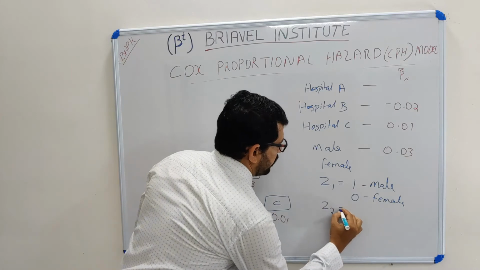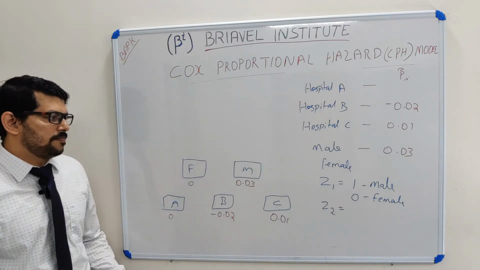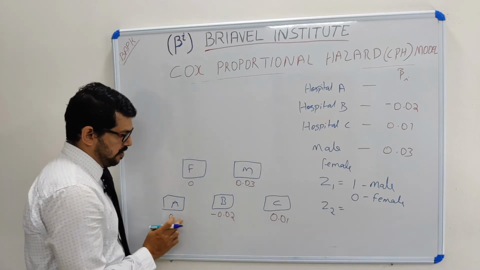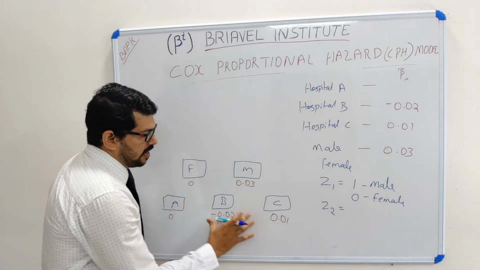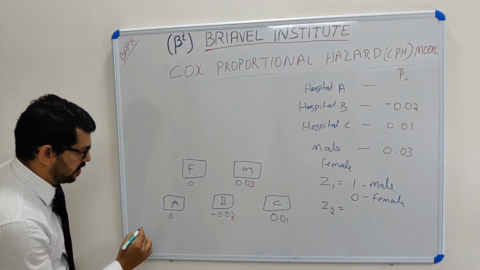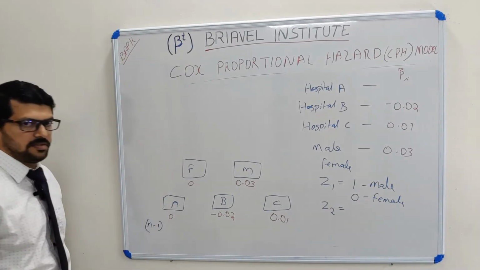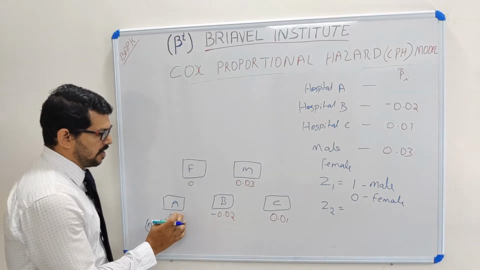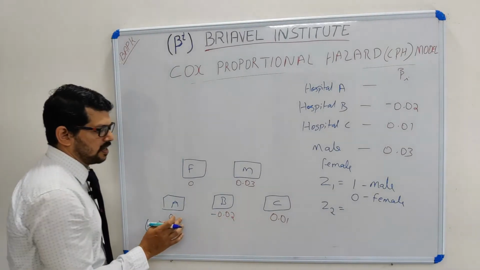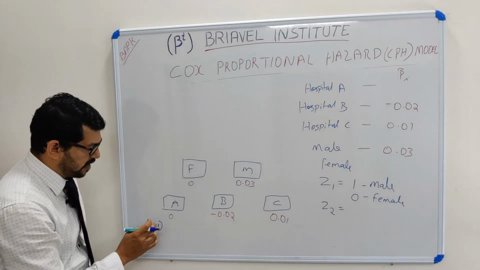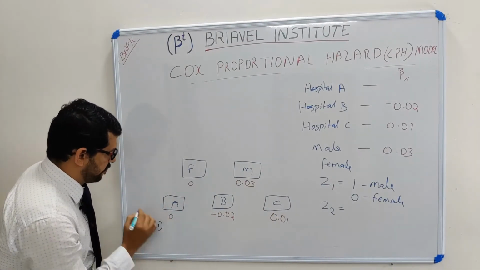And Z2. For Z2, there are 3 hospitals A, B, C. If there are n categories, we have to select n minus 1 covariates. Here A, B, C, 3 categories are there: hospital A, B and C. So n is equal to 3.